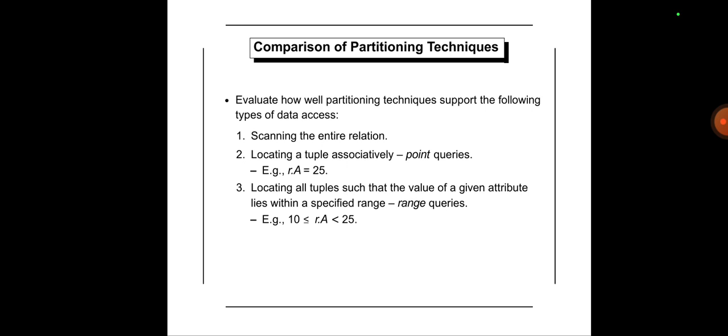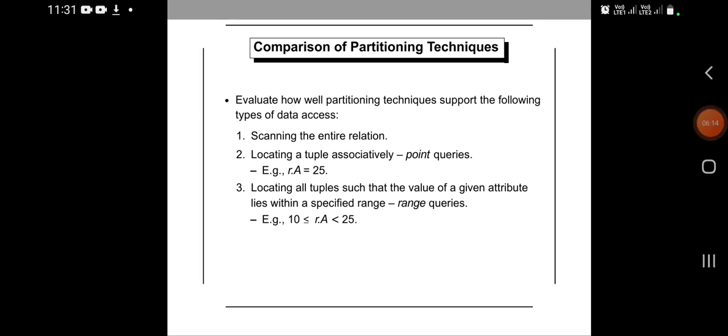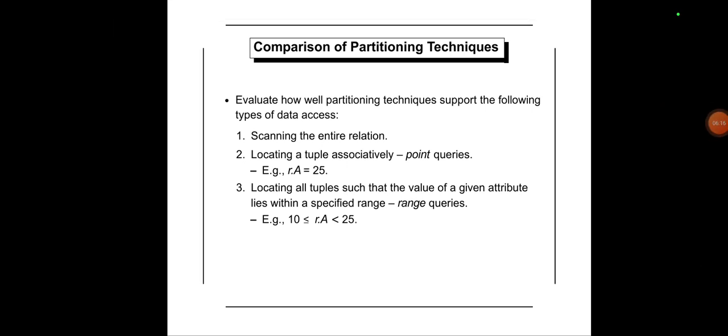Here we evaluate how well each partitioning technique supports the following data accesses. The rates for reading or writing an entire relation are much faster with I/O parallelism than without it.